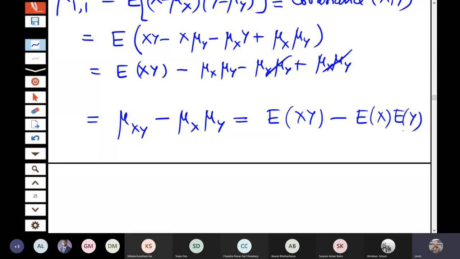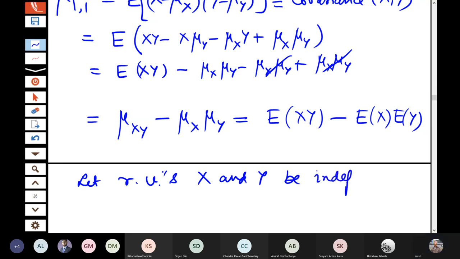Let us look at the effect of independence on these product moments. Let random variables x and y be independent.